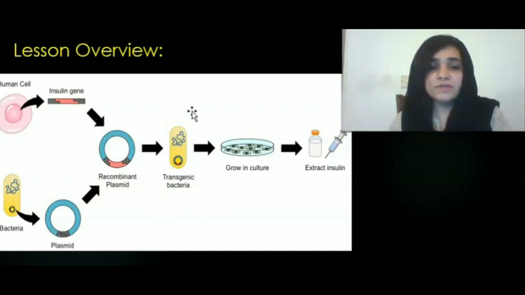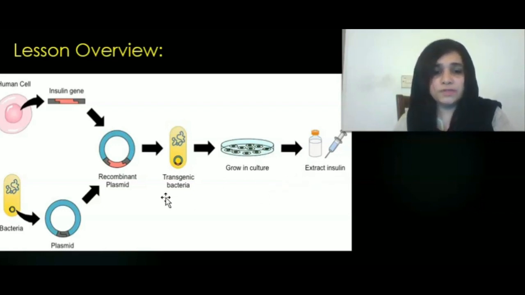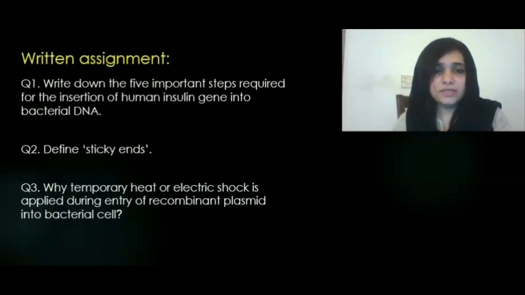As a result, the bacterium is known as a transgenic bacterium because it contains a recombinant plasmid. Transgenic bacteria grow in culture for the large scale production of insulin, and the insulin is extracted and purified and used for commercial purposes. So this is the lesson overview. Hope you understand all the points I have discussed.